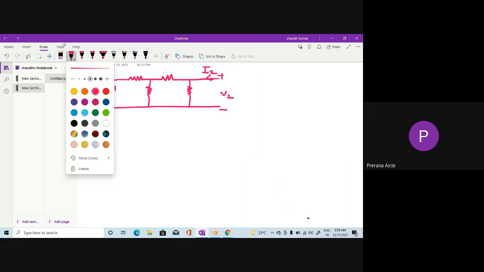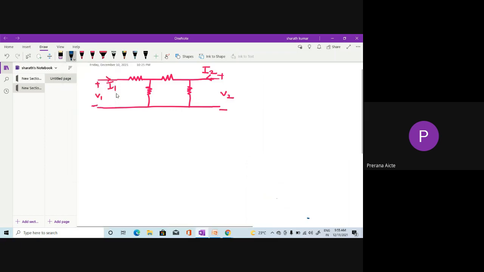The values they mentioned in the examination are an 8 ohm resistor here, a 20 ohm resistor here, a 10 ohm resistor here, and a 20 ohm resistor here. Our objective is to find the Z12 value.